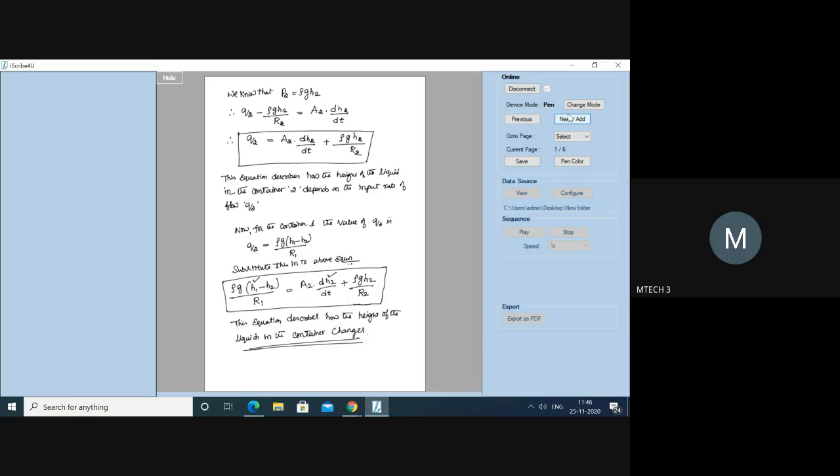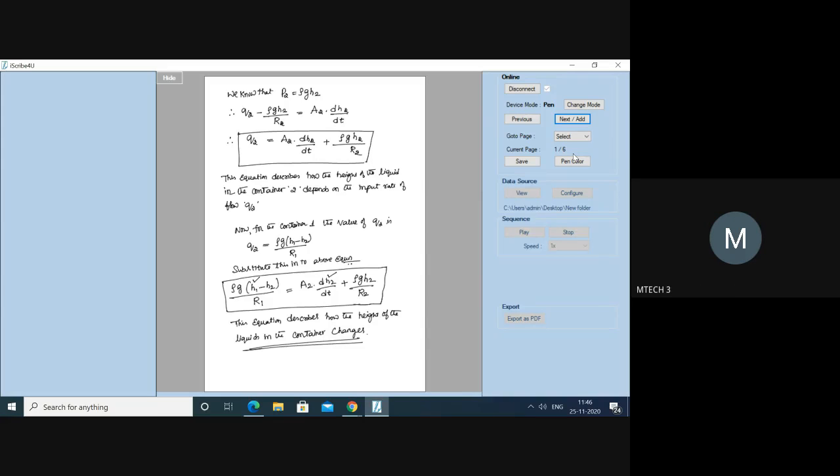Now I have combined both container 1 and container 2. Clear now? Yes, sir, we got clarity. Any doubts? No, sir. Have we copied up till here? Yes, sir.